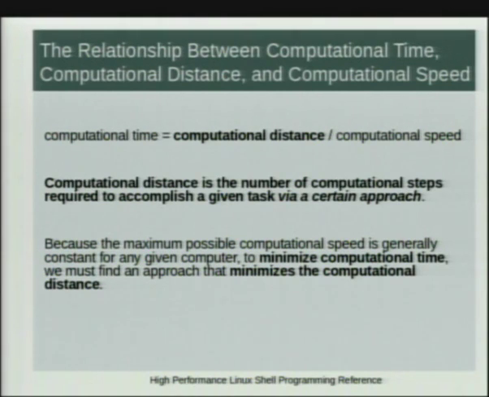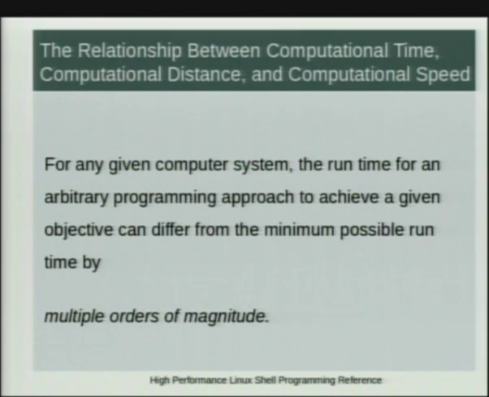Because the maximum possible computational speed is generally constant for any given computer, to minimize the computational time, we must find an approach that minimizes the computational distance. For any given computer system, the runtime for an arbitrary programming approach to achieve a given objective can differ from the minimum possible runtime by multiple orders of magnitude.